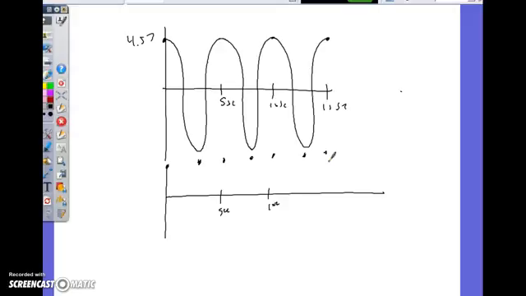That's maximum potential energy, right? This is 15 seconds here. So here we go. Maximum, minimum.